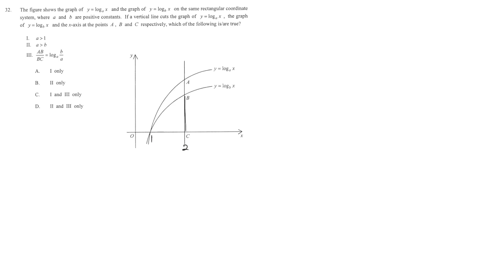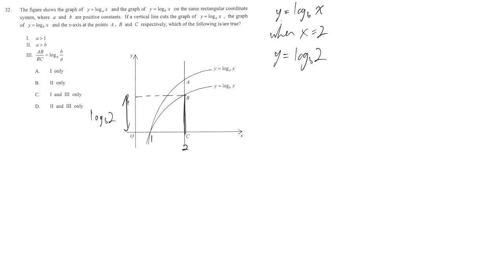AB is more difficult to find, but BC is easier to find. BC means the corresponding height here. So when y is equal to log base b of x, we are considering the situation when x is equal to 2, then the corresponding height is log base b of 2, which means this length is log base b of 2.